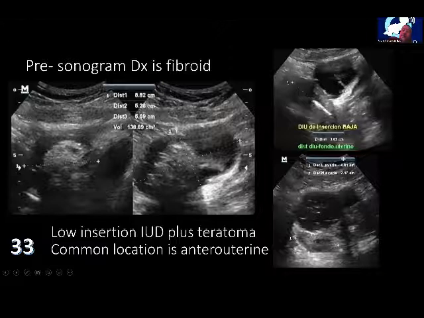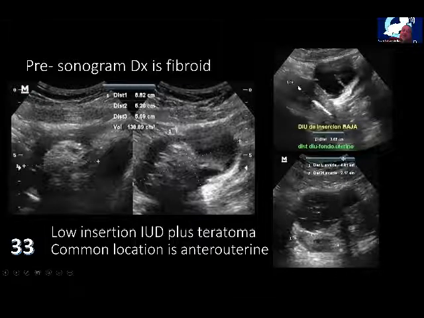The uterus has an IUD inside, a low insertion IUD, by the way. Low insertion IUD is defined by more than 2 centimeters distance between the fundus and the upper tip of the IUD.